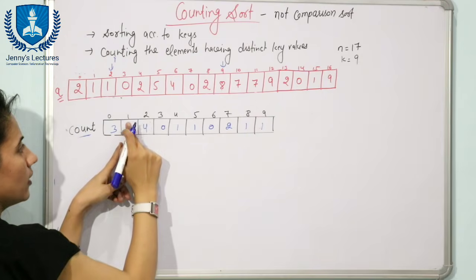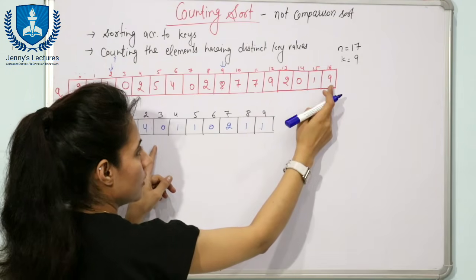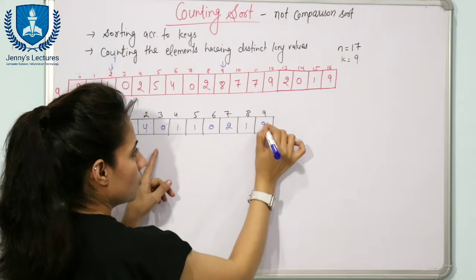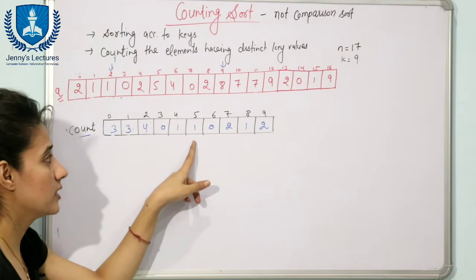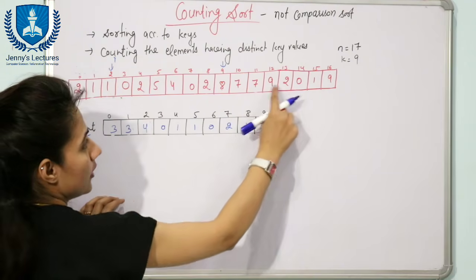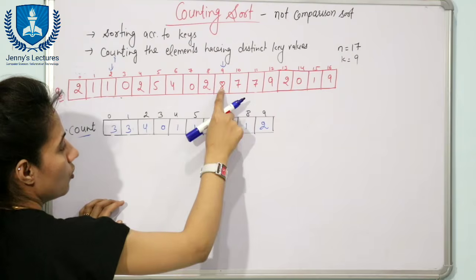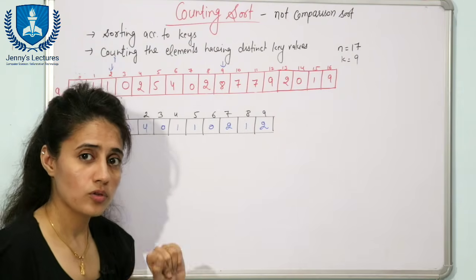Next is 1. Go to index 1, increment this value. Then last is 9. Go to the index 9, increment this value. This is how we are going to fill this count array. You can check how many times 9 is there: 1 and 2. How many times is 8? Only 1. How are we going to write down the code for this?